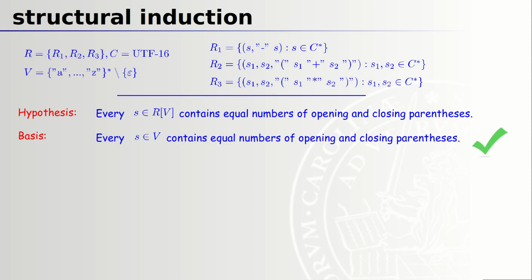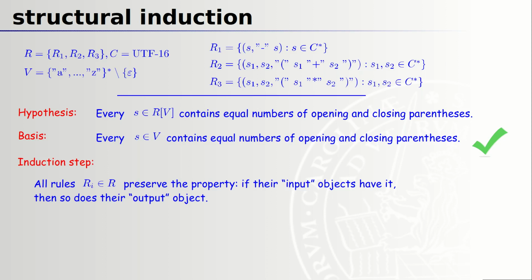The induction step in structural induction also has the form of an implication, as before. More precisely, it consists of one implication for each rule or relation that was used to construct the set we are working on, in this case 3. The implication is this: if all input objects to a rule have the desired property, then so does its output object.